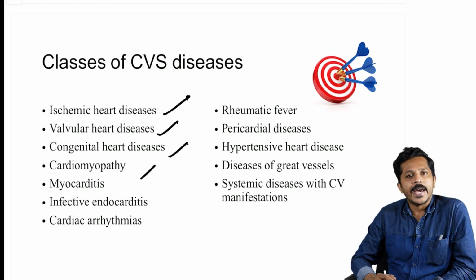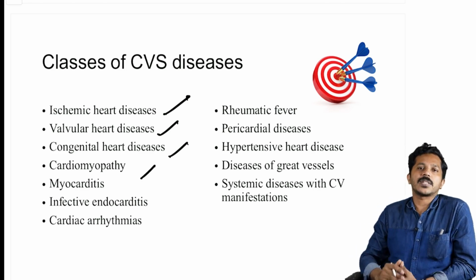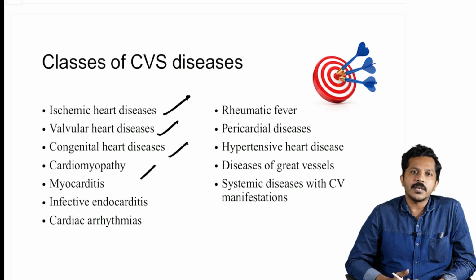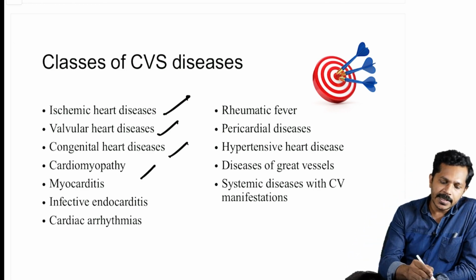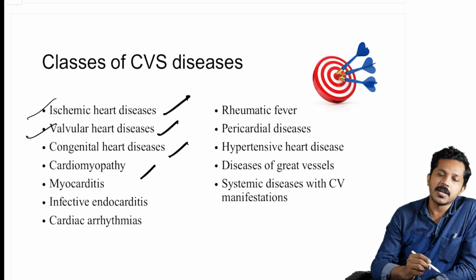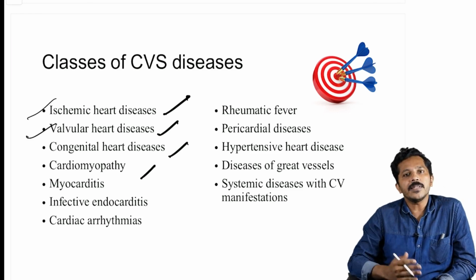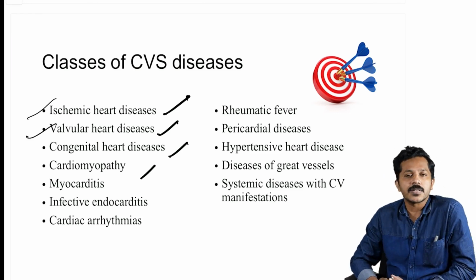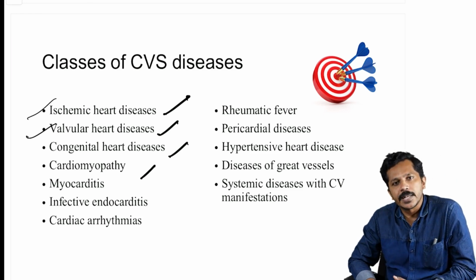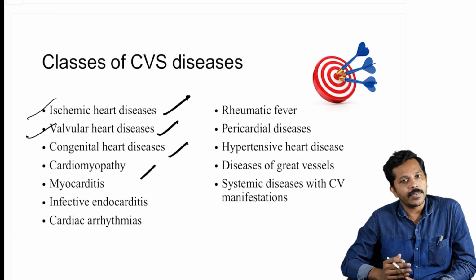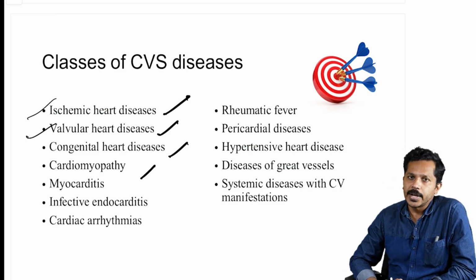For example, a myocardial infarction patient can have coexisting mitral valve disease because of the ischemia. Here two classes, ischemic heart disease and valvular heart disease, are coexisting. Many such classes can coexist in a single patient and result in various symptoms, so we have to identify that fact also when analyzing the history.